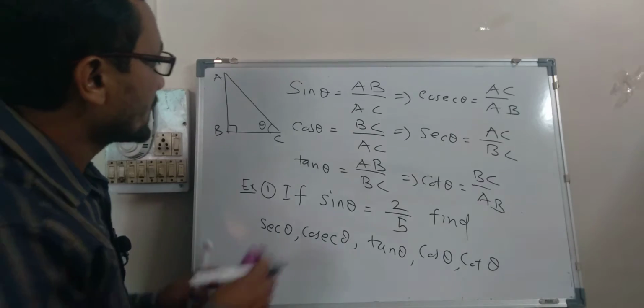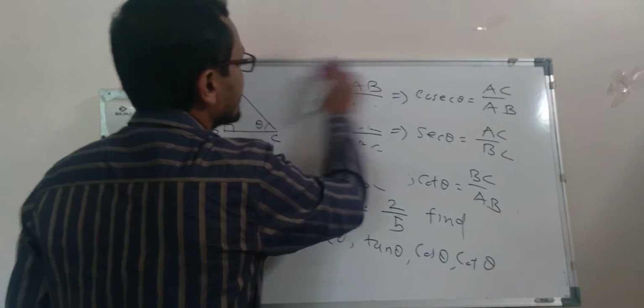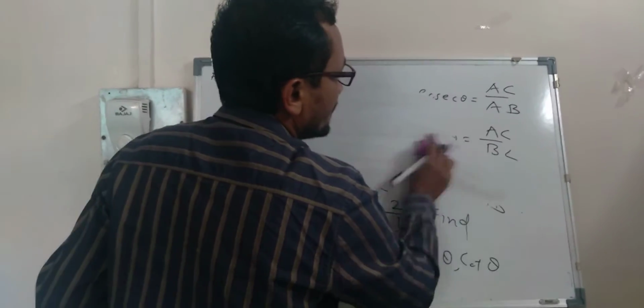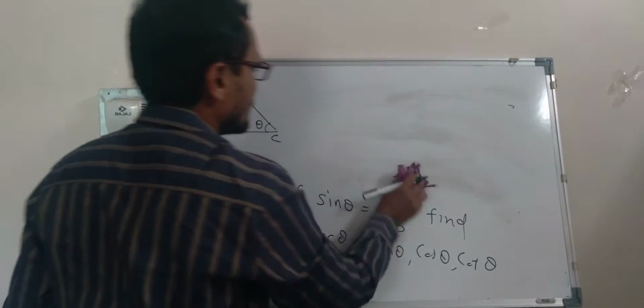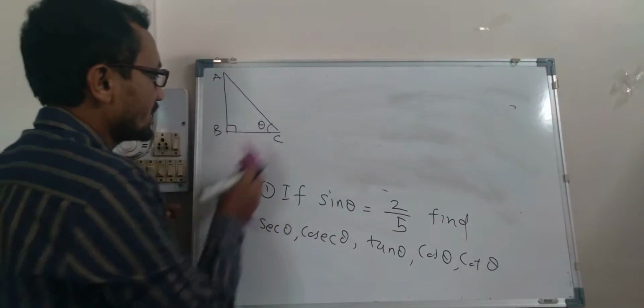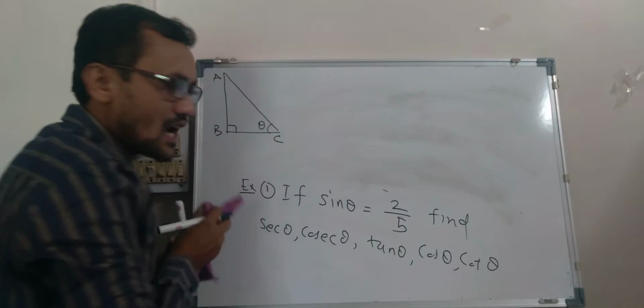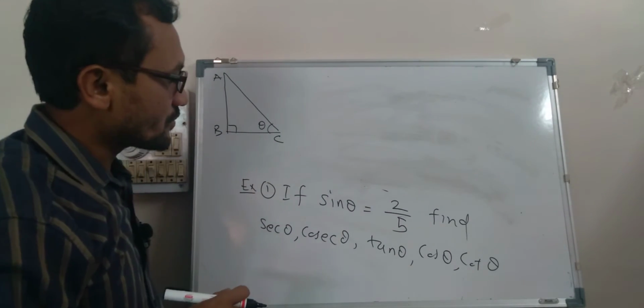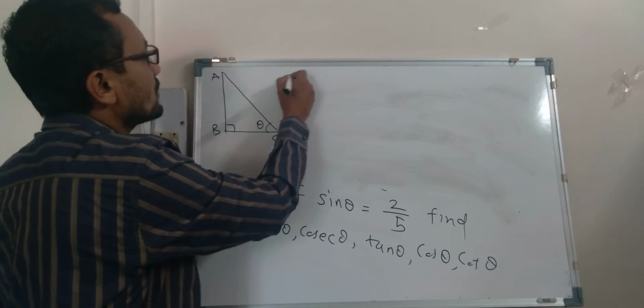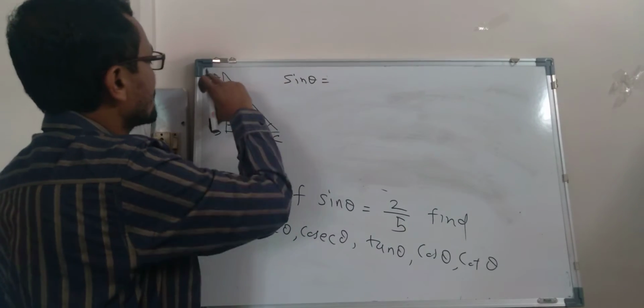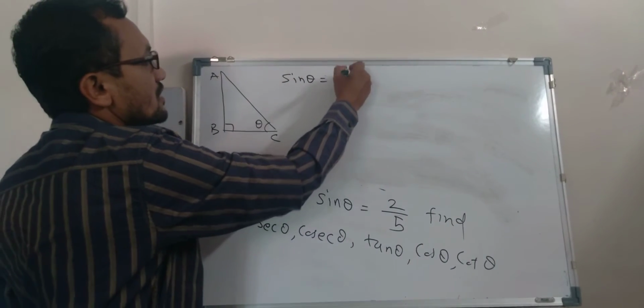So we will take this triangle first. What do we mean by sin theta? Sin theta is opposite side upon hypotenuse, so AB upon AC.